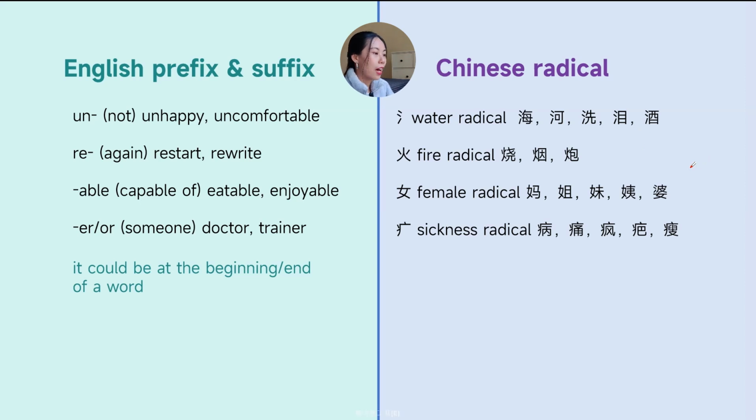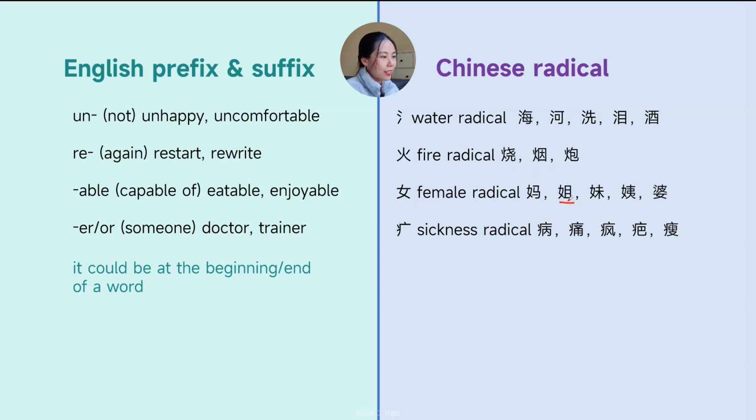And we have a lot of other radicals. Like we have the fire radical. This one, 烧, is burned. This one, 烟, is smoke. And this one, 炮, is bomb. And another very popular example, 女 is the female radical. Like this one is 妈妈, which means mom.